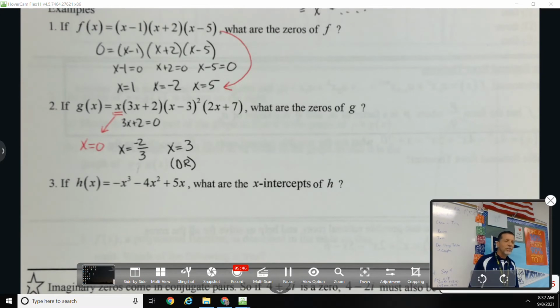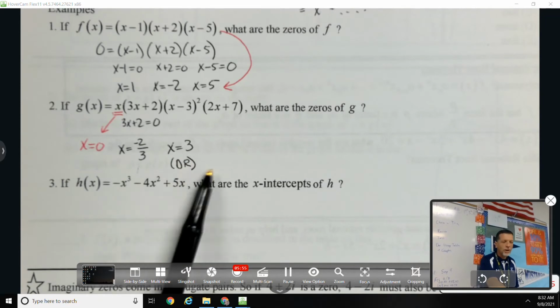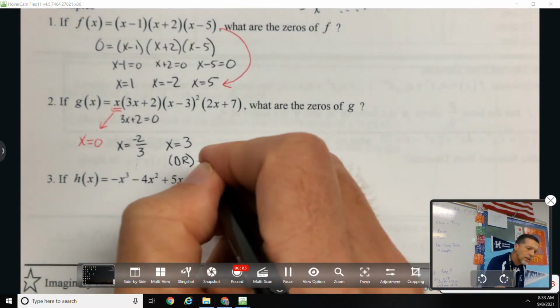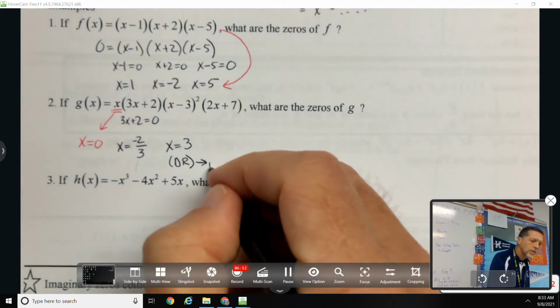So you don't have to label it a double root, but it's probably helpful because what we'll do with them later, you need to know which ones are double roots and which ones aren't. So it's probably helpful to label it a double root. Speaking of later, may as well answer this now. What's going to happen at x equals 3 on the graph? It's going to do the bounce thing. So that's why double roots are important.